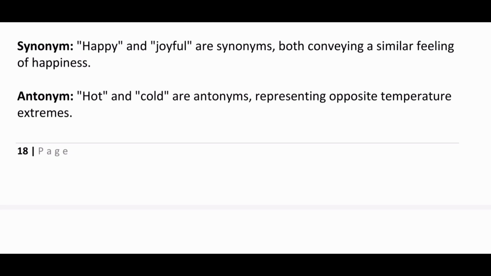The words happy and joyful are different, but both have the same meaning. Yes or no? Or I can say sad or sorrow. These are two different words, but they have the same meaning. Antonym means opposite. If I say day, the opposite is night. If I say night, the opposite is day.